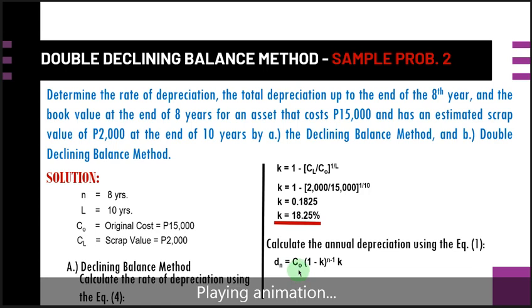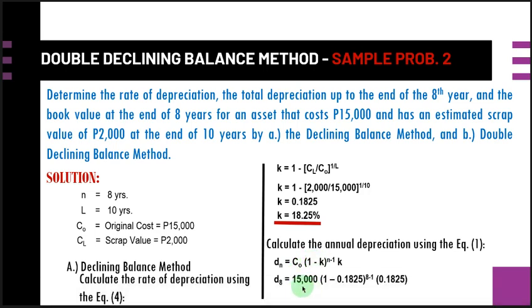The problem said that we're going to determine the book value at the end of 8 years, so same also for our annual depreciation, we are still considering n equals 8. That's why we are using d sub 8. So substituting 8 minus 1 times 0.1825, we get the annual depreciation at the age of 8 years equal to 667.99 pesos.